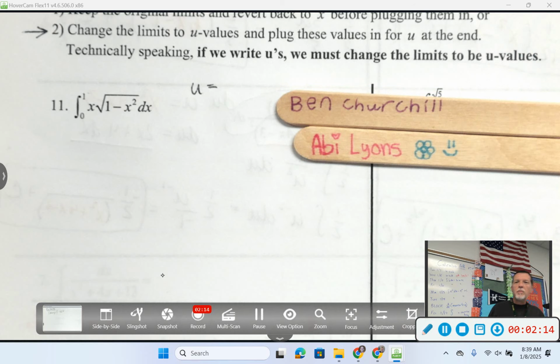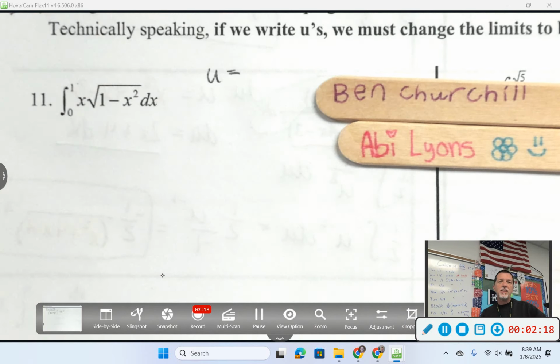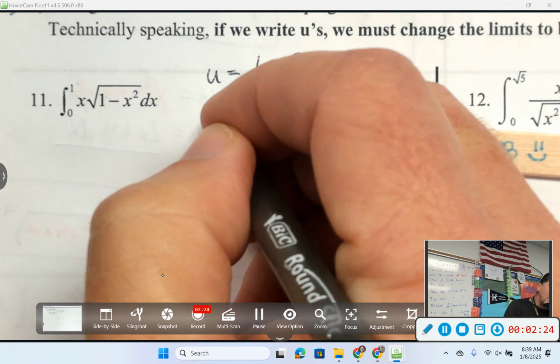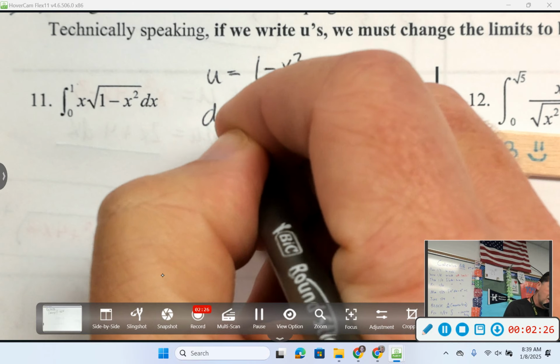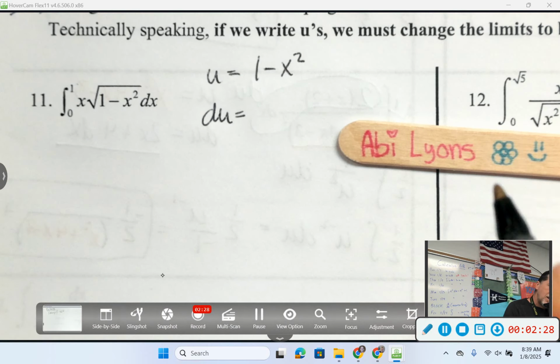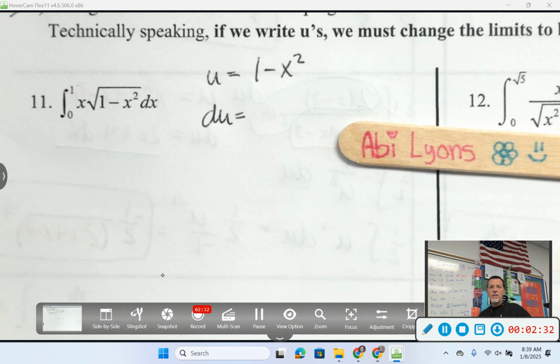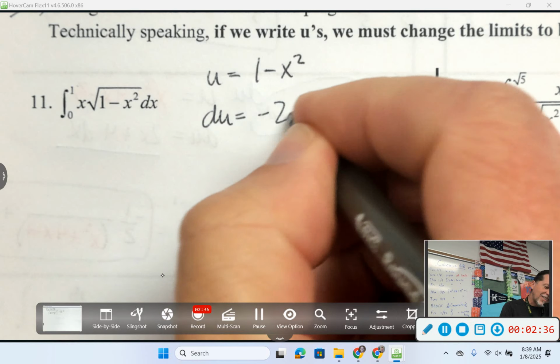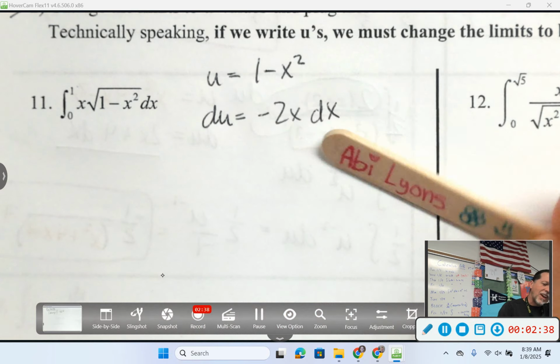So, Ben, what do you think would be a good choice for u in number 11? 1 minus x squared. Good. Because, Abby, what's du? What's the derivative of negative 2x, or negative 2x dx?